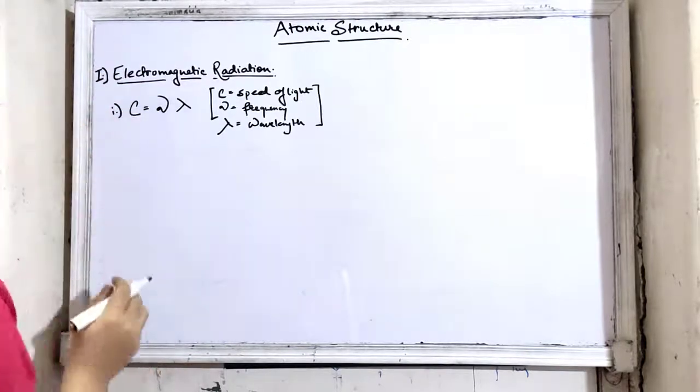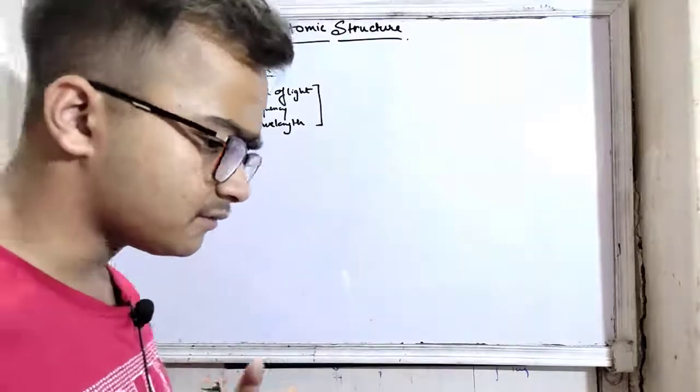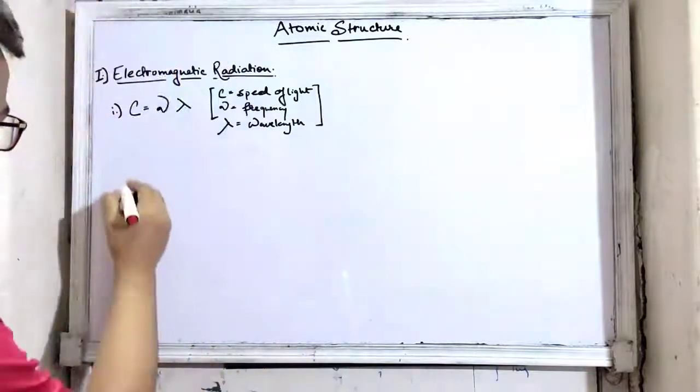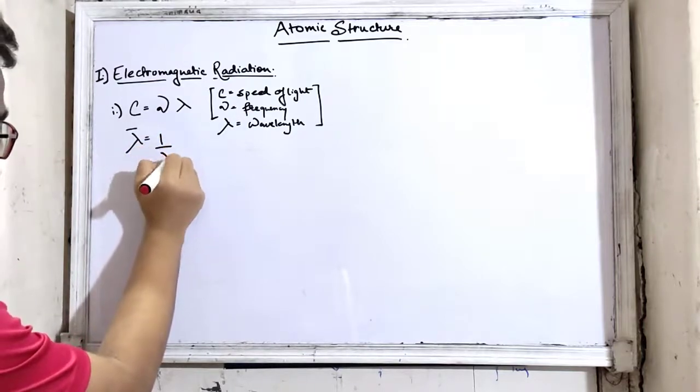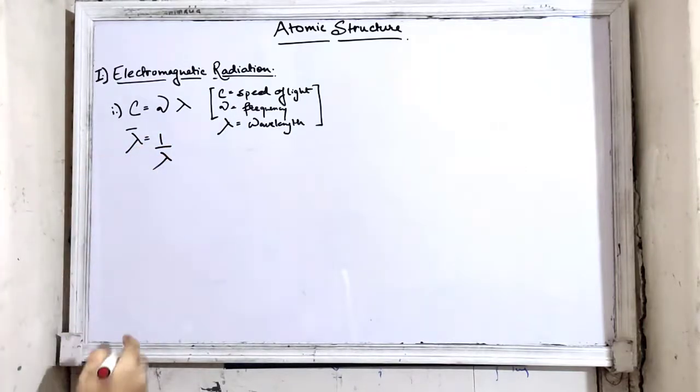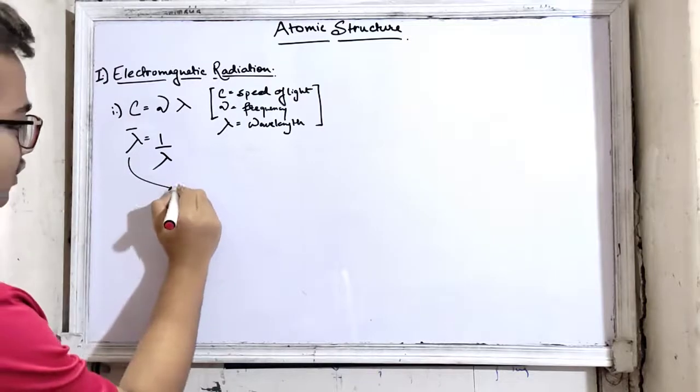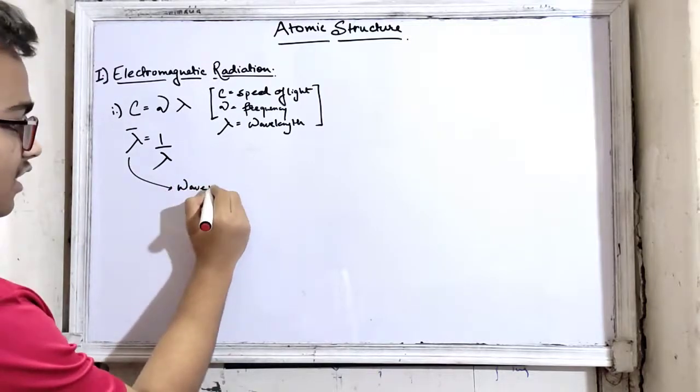Now under this category a second type of formula says that lambda bar equal to 1 by lambda. Lambda bar is called wave number.